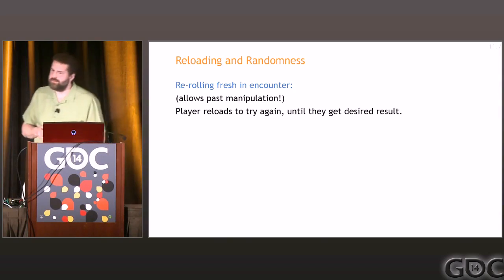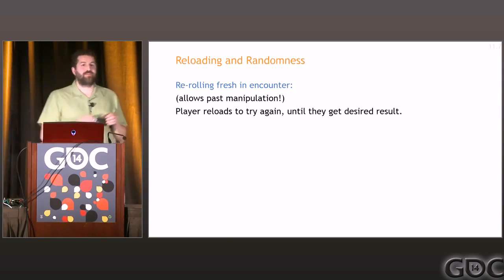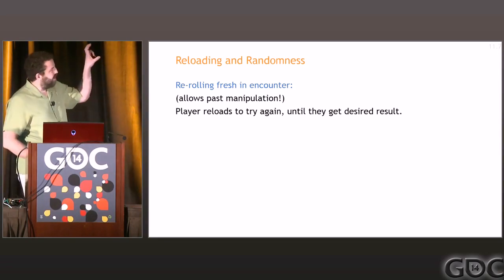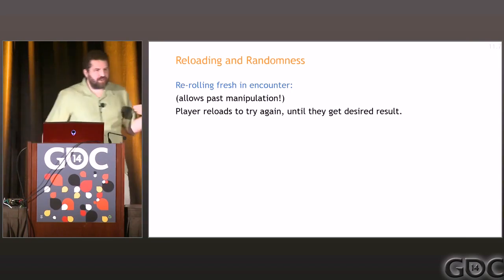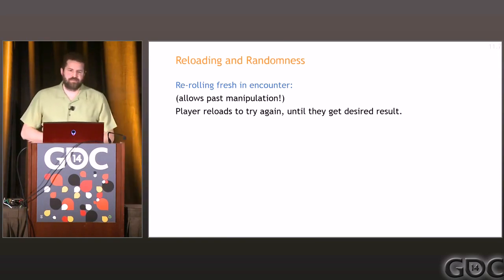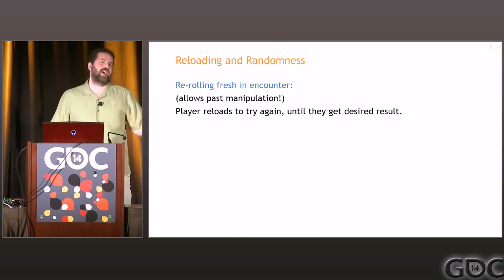Should you re-roll them, or should you have pre-rolled them and have preserved them? If you re-roll them, then the player can save their game, open the chest, they don't like what they got, load their game, open the chest again, oh, they got something else, load their game, open the chest, oh, yes, finally, I got something great, save. So it allows them to manipulate the past, if you will.